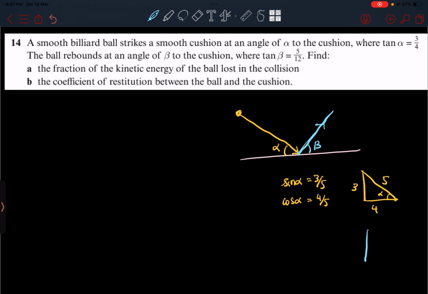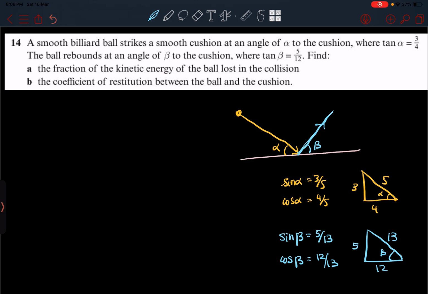So we're going to make a second triangle. Then that is beta. So this is 5, 12. So this is obviously 13. So I can say sine beta is 5/13 and cosine beta is 12/13. What do we have to find?